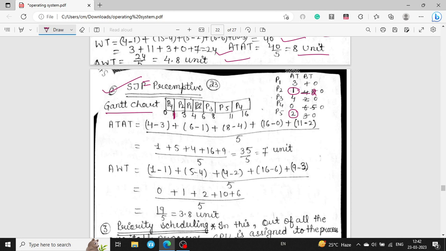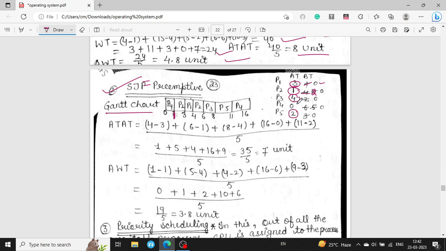1 plus 2 is 3. Now again you can see at 3 seconds P1 reached. It uses only 1 second, so that's why it is cut and 0 came. 3 plus 1 is 4. At 4 seconds who came? P3.